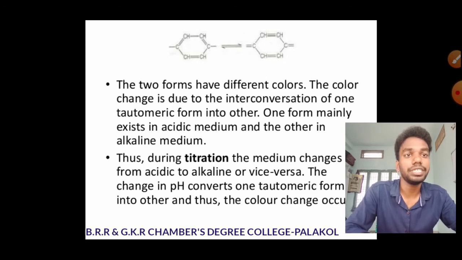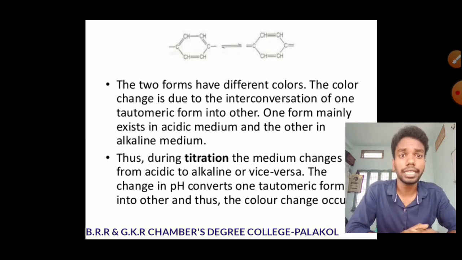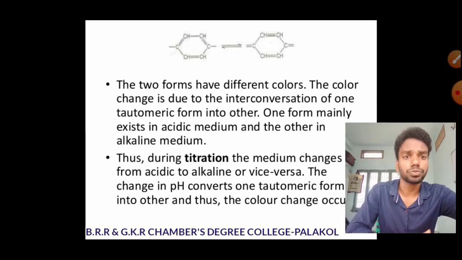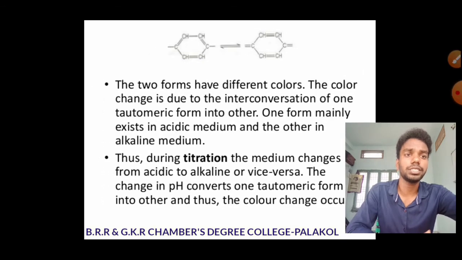The two forms have different colors. The color change is due to interconversion of one tautomeric form into the other. One form mainly exists in acidic medium, the other form in alkaline medium. Thus during titration, the medium changes from acidic to alkaline or vice versa. The change in pH converts one tautomeric form into the other, and thus the color change occurs.